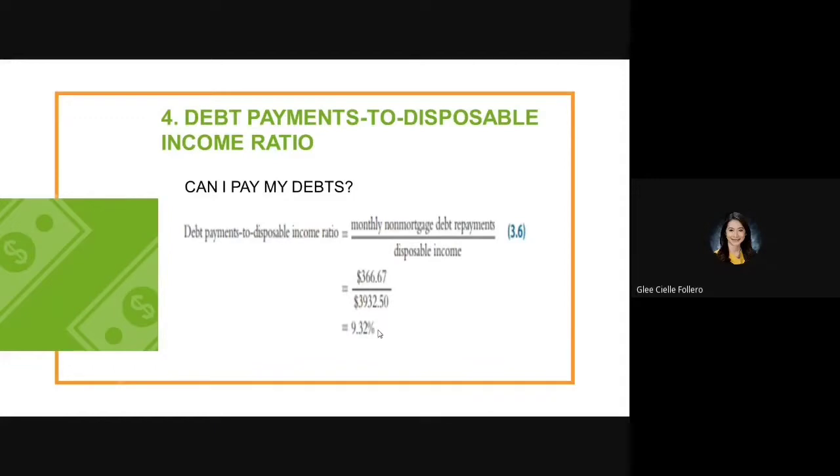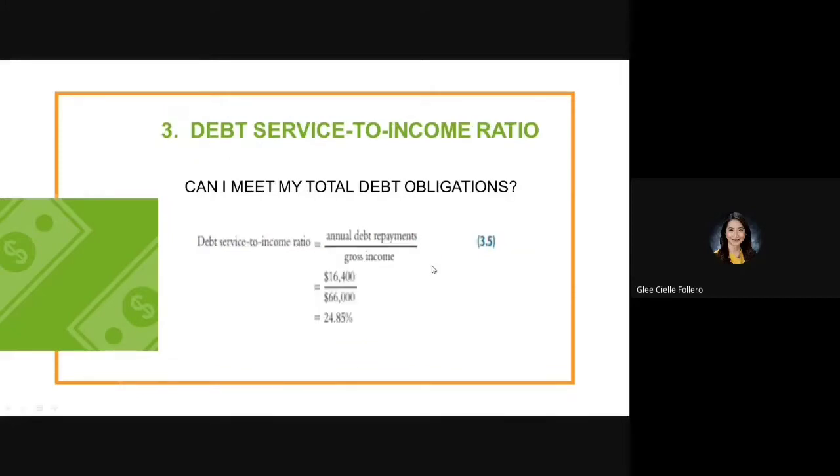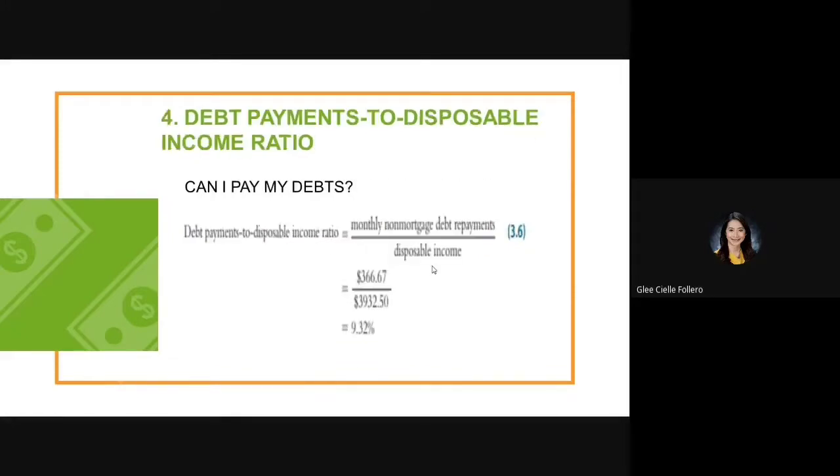When you have more than 16% debt payments to disposable income ratio, it is considered problematic because the person is making high debt payments and quickly would be in serious financial trouble if a disruption of income occurred. So, just like the debt service to income ratio, kailangan as you grow older, na a-achieve nyo yung 15% or less na ratio.